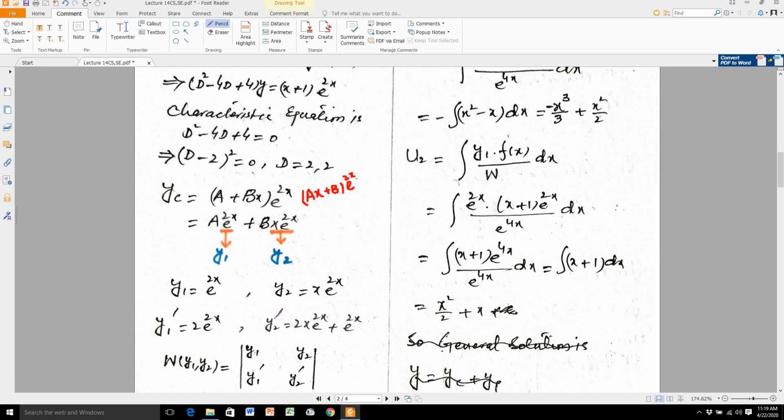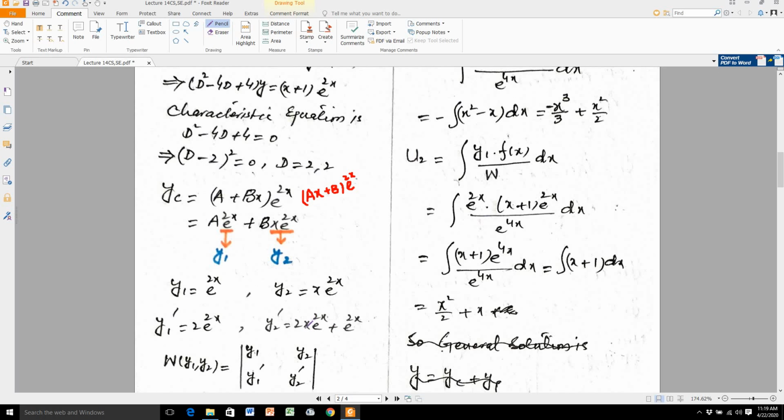When you take the derivative of y2, you apply the product formula: first as it is, then derivative of e raised to the power 2x, this is 2 e raised to the power 2x. After simplification you write it as 2x e raised to the power 2x, plus second as it is, then derivative of first, that is x, so it is 1.